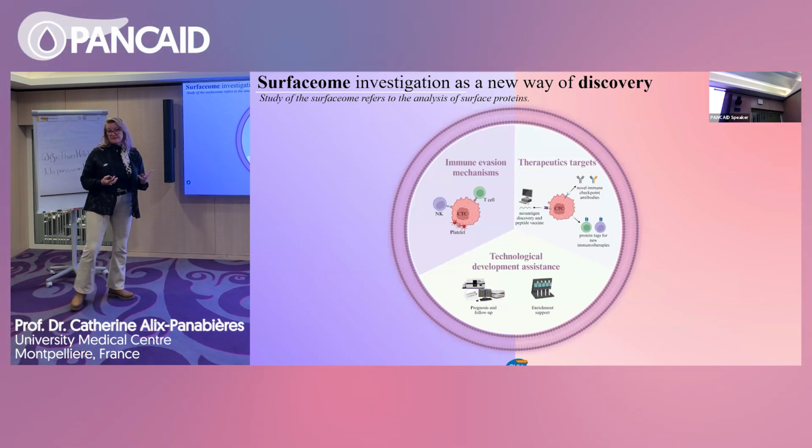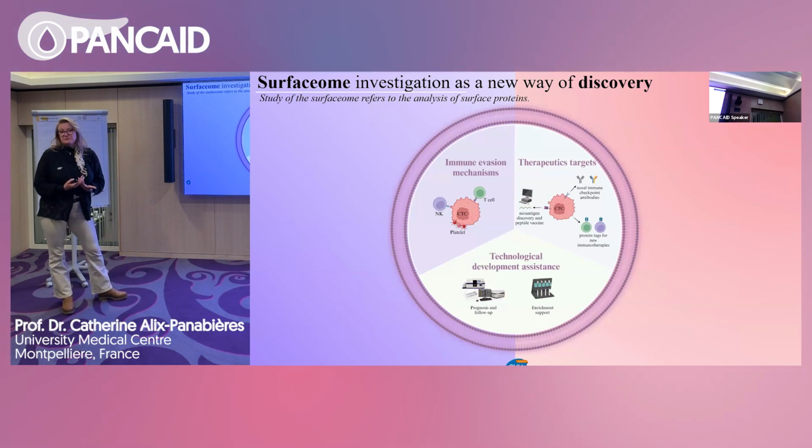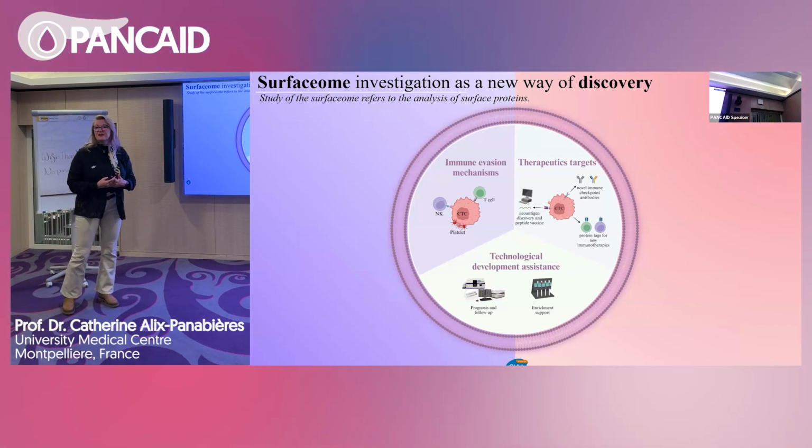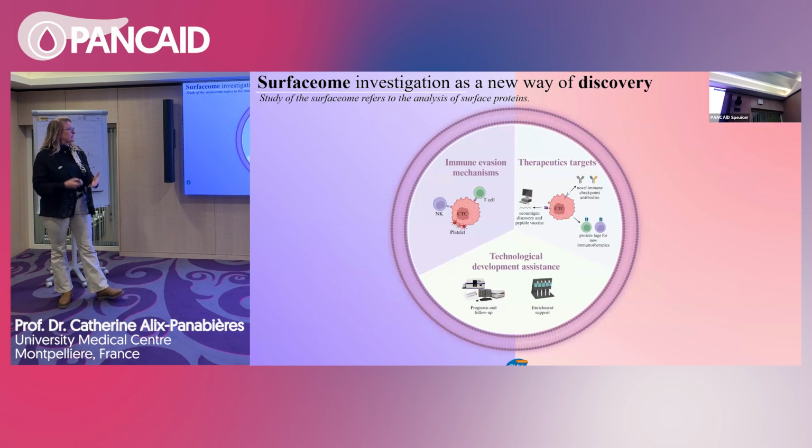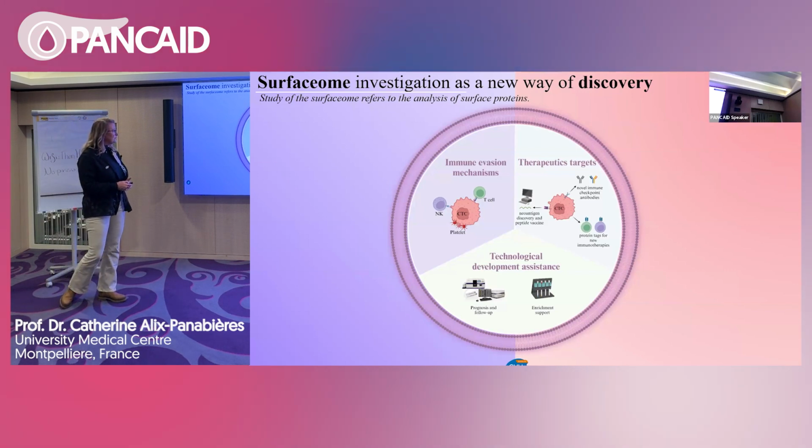And of course, the idea is to find something else than PD-L1, because you know that you have like 30% of the patients responding to this therapy. And what about the 70% left on the side? So we need to have more than PD-L1 in the future, I feel.